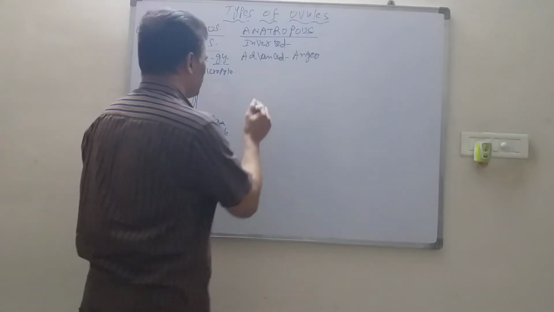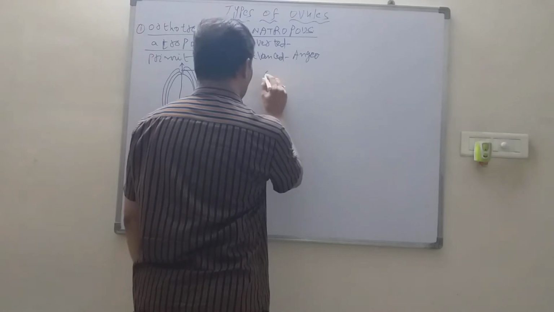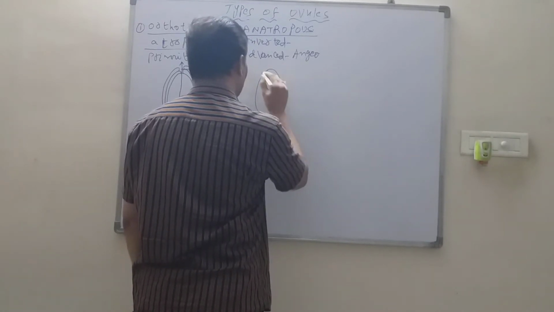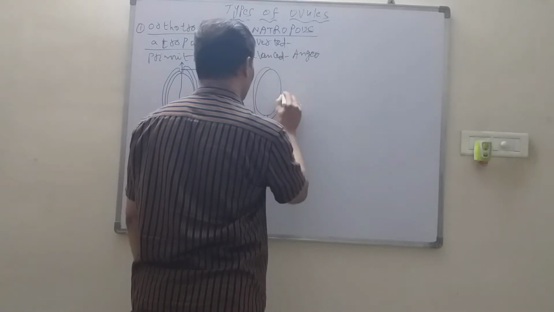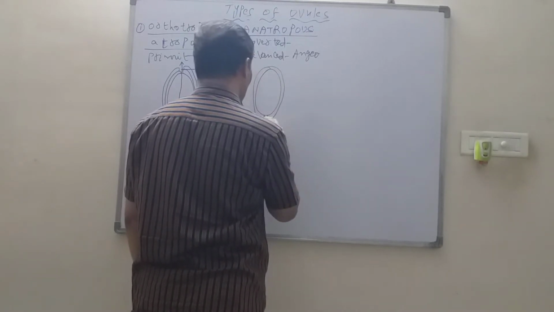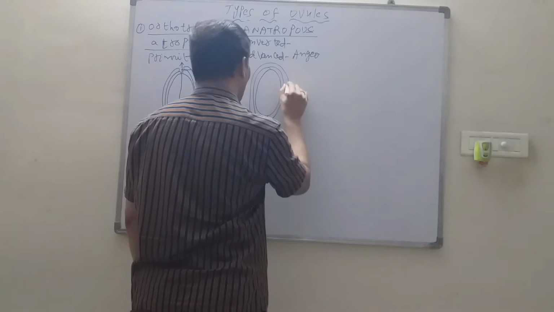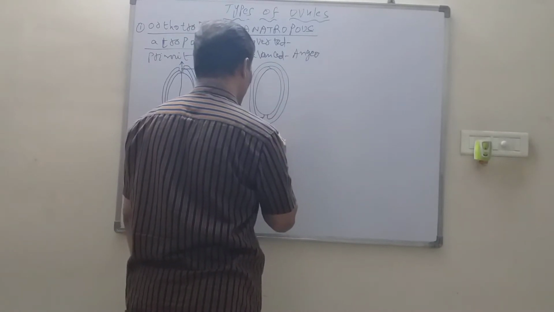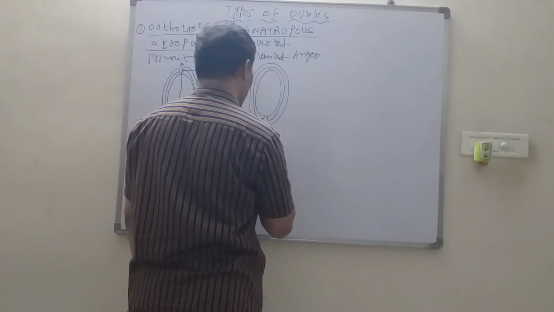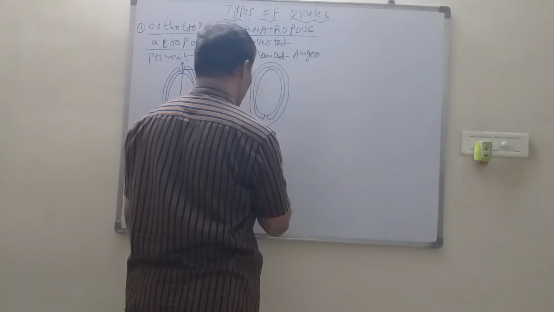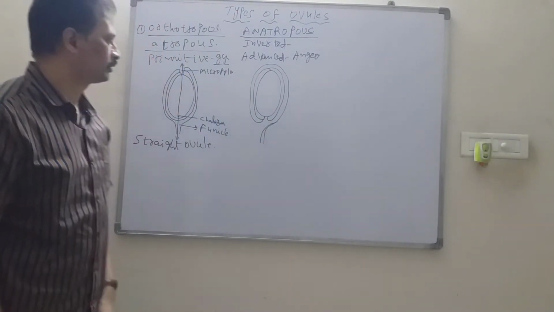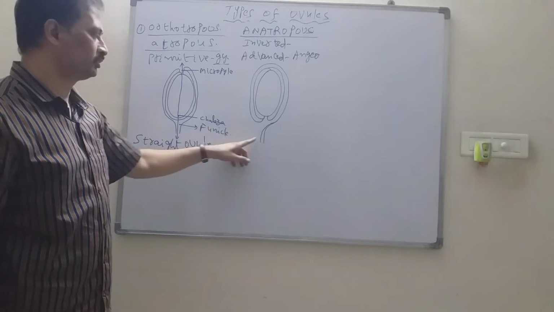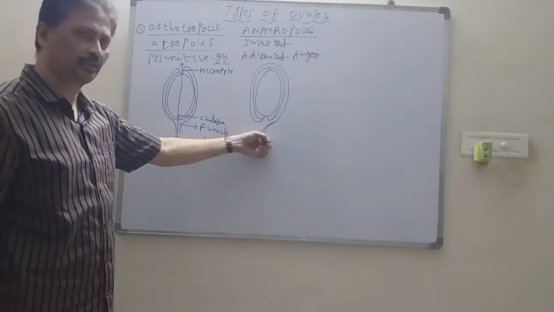How does the diagram appear? See, this is the body of the ovule, and this is the micropyle. You see the stalk of the ovule, the funicle, remains in the same position.